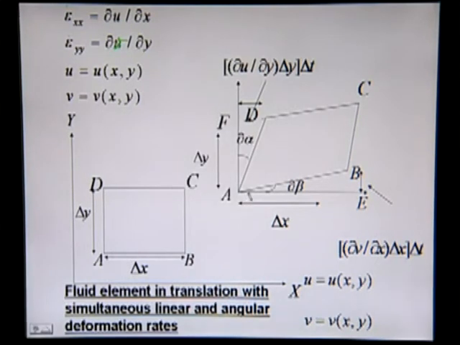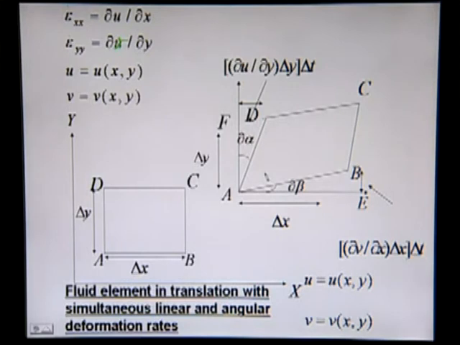As far as the linear deformation is concerned, this AB will be subjected to linear strain, equal to del u over del x in x direction and del v over del y in y direction. Now because of the velocity component varying in the x direction also, we will have the movement of B with reference to A in the direction which is 90 degrees.